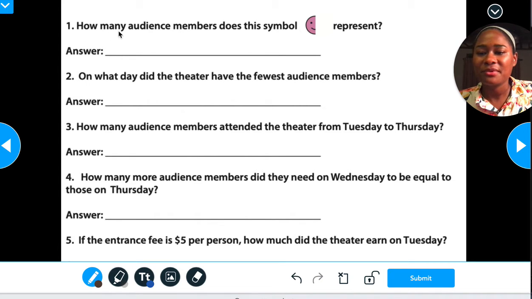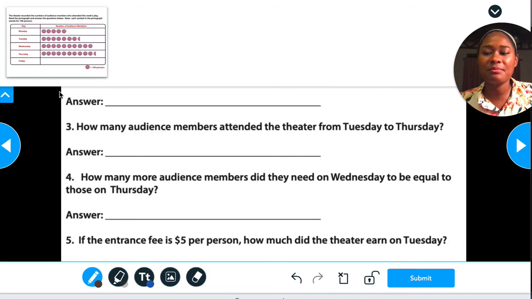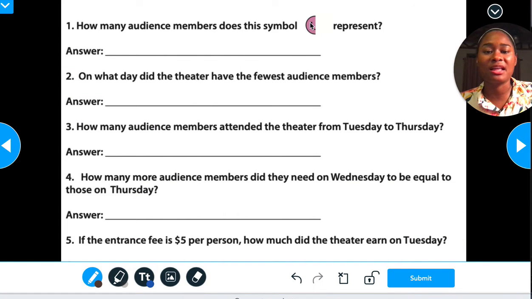First question, how many audience members does this symbol represent? So if I look at my key here at the bottom, one whole smiley face equals 100 people or 100 persons. So that means half of a smiley must represent half of 100.